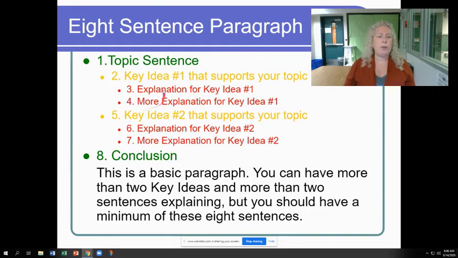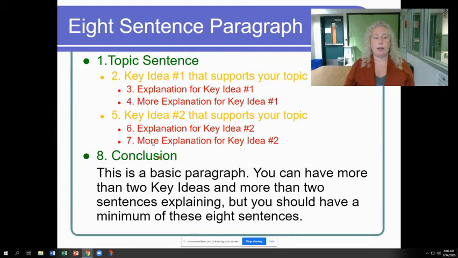Okay? You need to be able to spend at least 2 sentences for each key idea explaining. If you can't explain your key idea using at least 2 sentences, I don't think you have a very good key idea. You need to spend more than one sentence explaining that key idea. So when you have 2 key ideas, that's two stop and explain sentences for each, right?